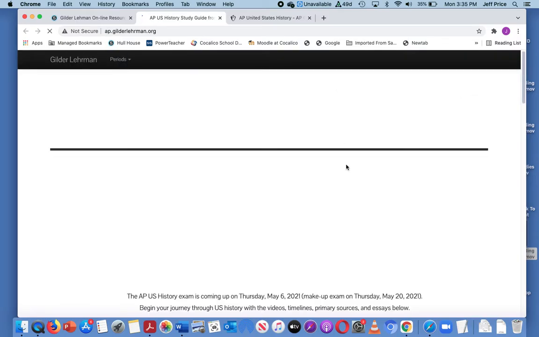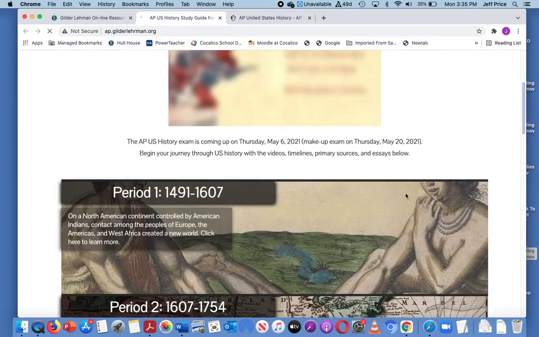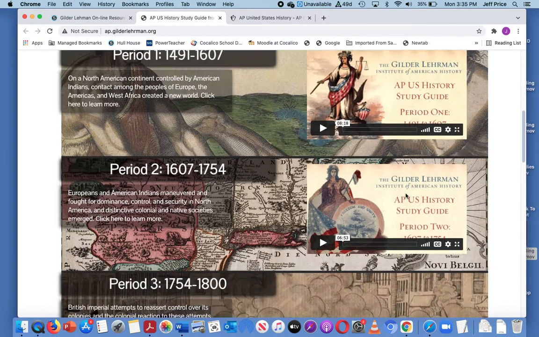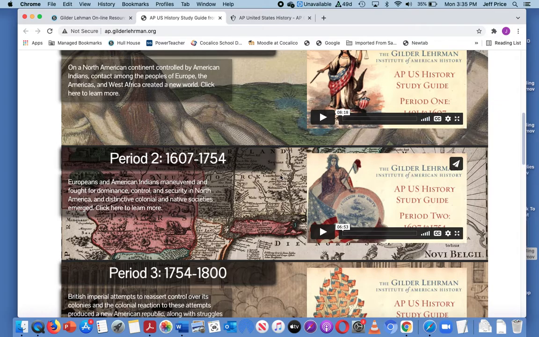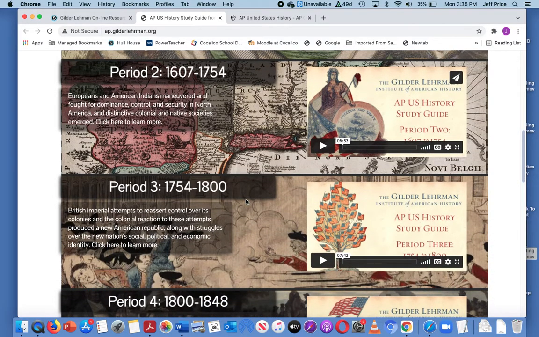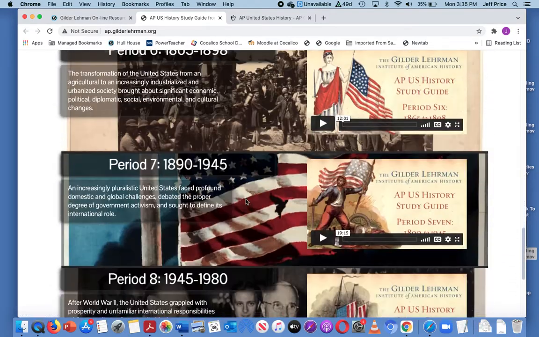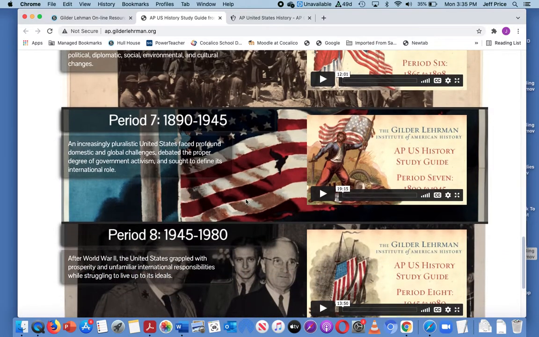I'm not really sure if they're using it, but this is something that they can use. They have videos. They have study guides for each time period. They're going to get those from me as well. They also have little videos about the importance of that time period, primary sources, ideas for essays. And again, that is the Gilder Lehrman series of online resources.